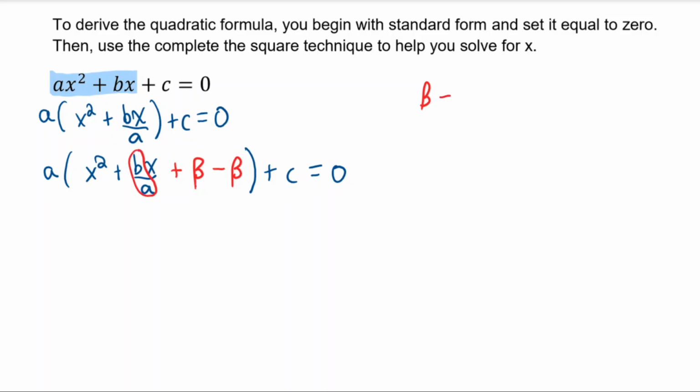We're going to take that and divide that by 2. So we're going to take this, divide it by 2, and then we're going to square it. Now using our fraction rules, we can say what's in our brackets becomes b over 2a.